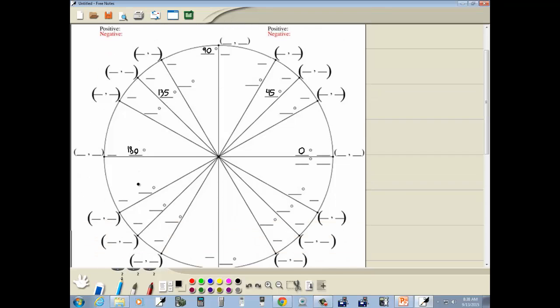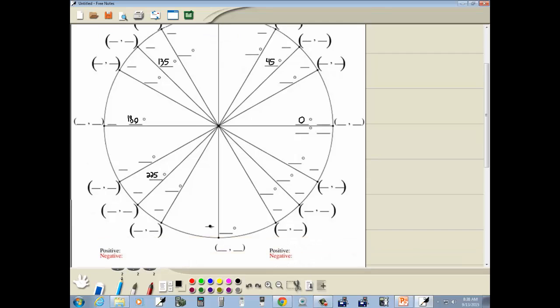Plus another 45 gives us 225. Plus another 45 gives us 270. Plus another 45 gives us 315. And then plus another 45 brings us back to 0, so this is 360 degrees.